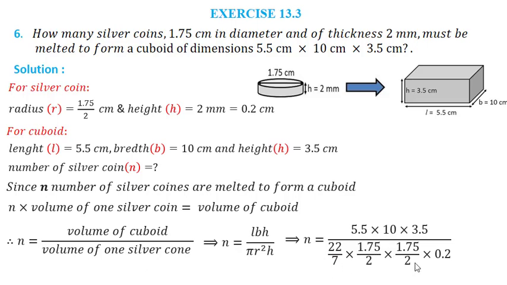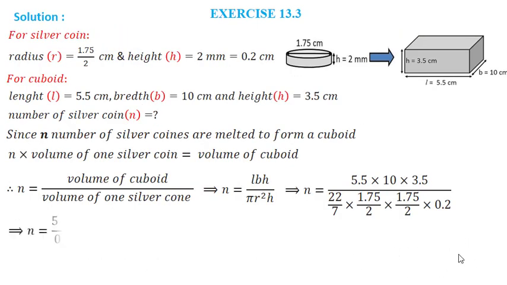You can cancel this 2 with this 0.2, you will get 0.1. You can cancel this 0.1 with this 0.5 which you got here and you will get 5. So like that you can calculate the value of n, you will get 5 into 10 into 3.5 divided by 0.25 into 1.75. If you have any other method for cancellation, you can use that.